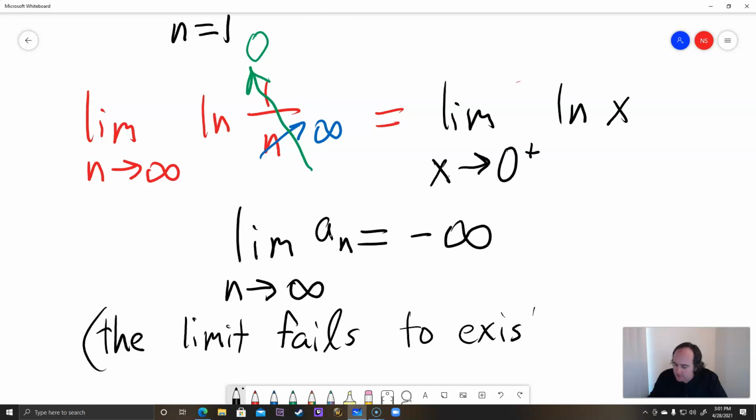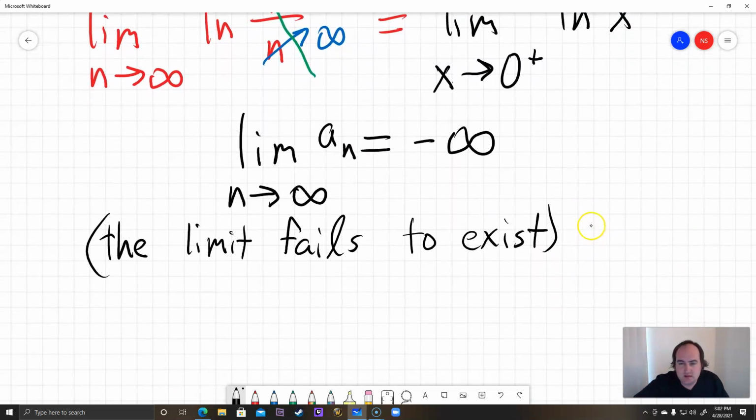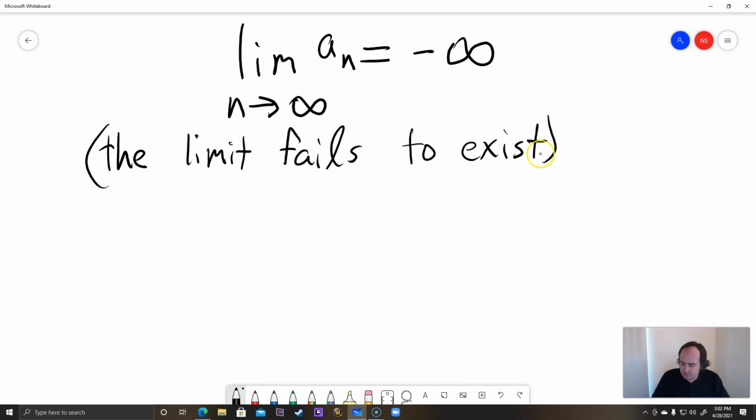And remember, if the limit is not 0, or if it fails to exist, then that means the series diverges. So we're going to say the series diverges.